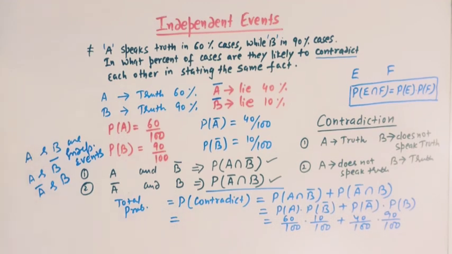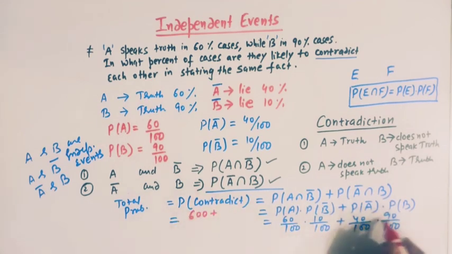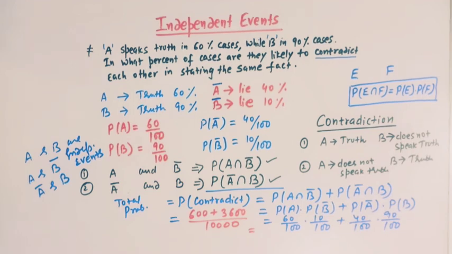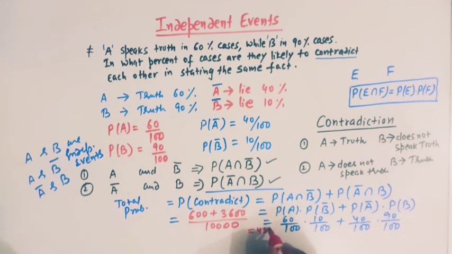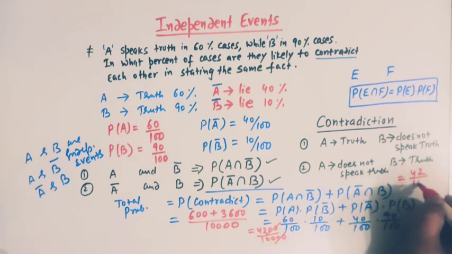This expression is equal to 600 plus 3600 over 10,000, which is 4200 over 10,000, and cancelling 100 we get 42 over 100.